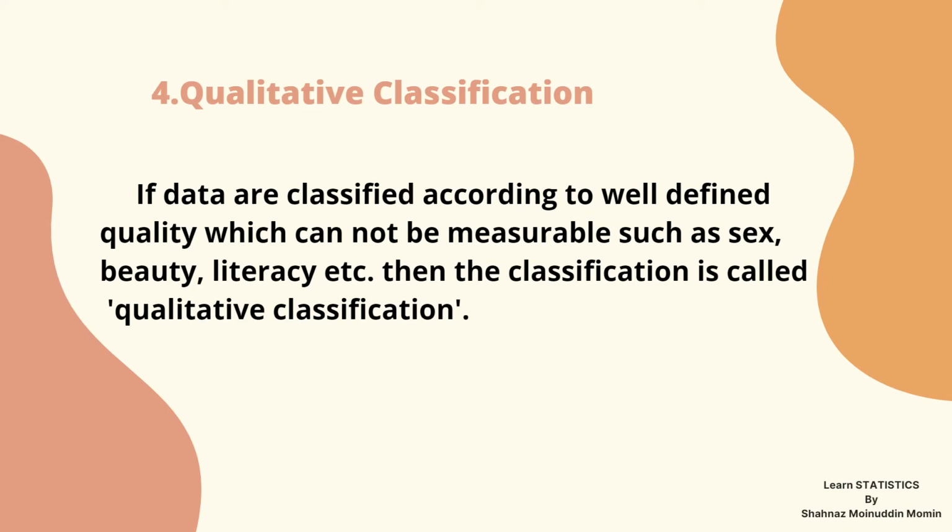For example, classification of students into male and female. Further, the classification of population into literate and illiterate groups. All these classifications are on the basis of quality, so this classification is known as qualitative classification.